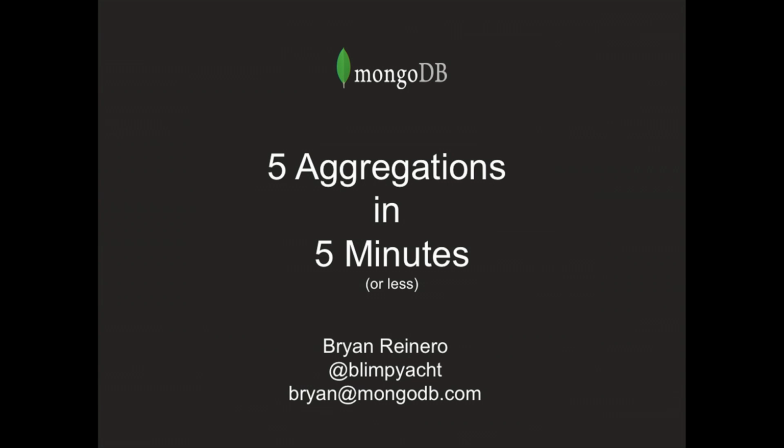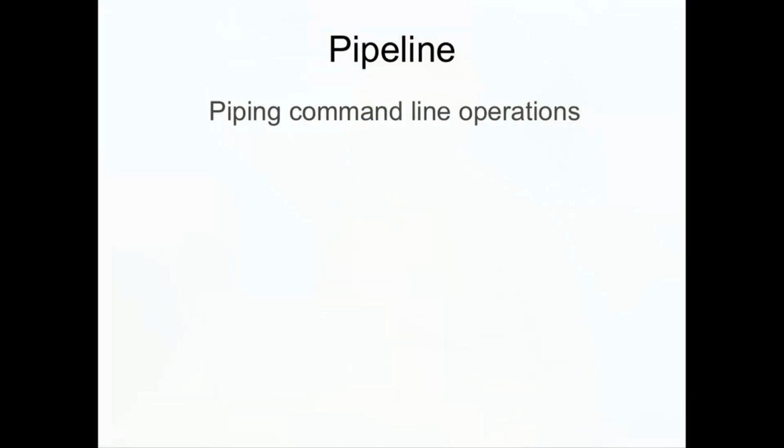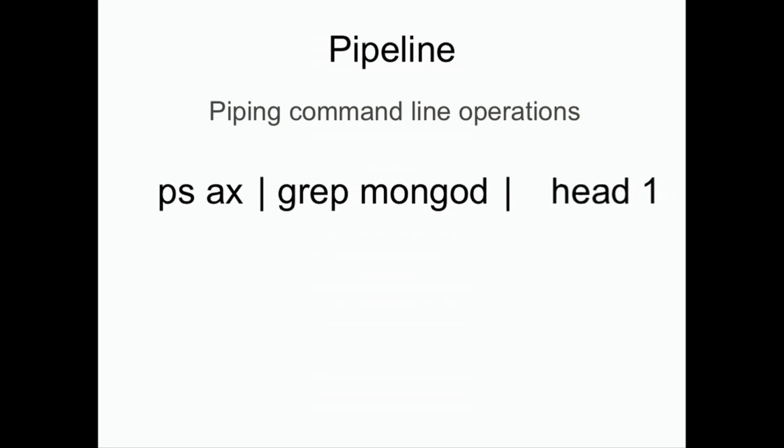So we're going to talk about the aggregation framework in 5 minutes, and the basics. All you really need to understand is the concept of the pipeline. For those of you who are new to it, just like we might construct an operation on the Linux command line by piping together a set of operations where the output of the first is piped into the input of the next, the aggregation framework works the same way.